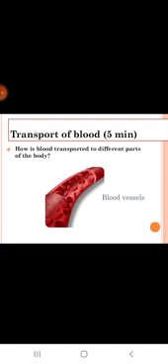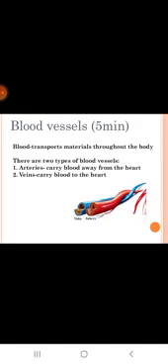Transport of blood. We talked about energy. Now, how is the blood transported? The blood is transported through the blood vessels. Now, what are blood vessels?